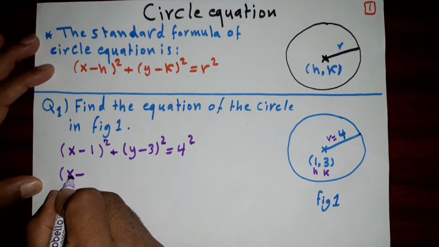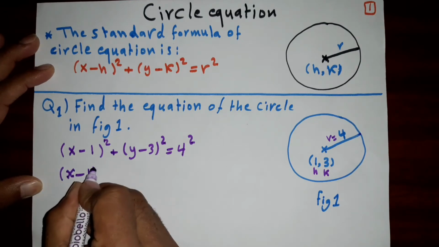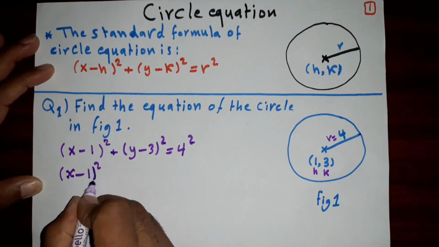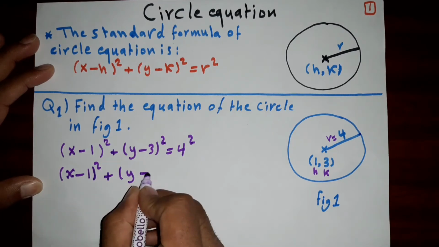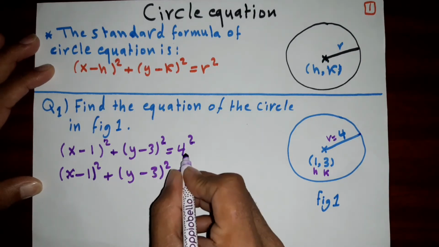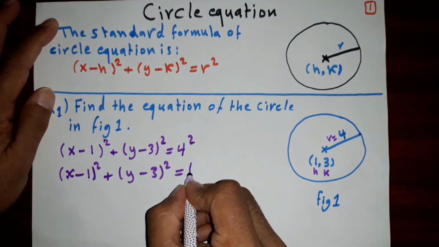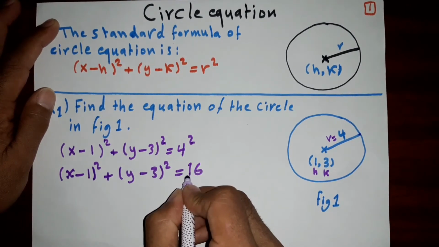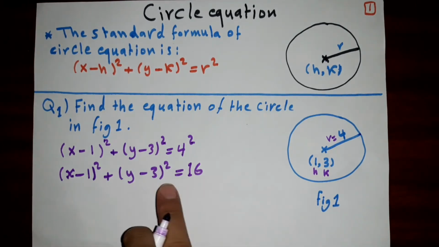X minus 1 all squared plus y minus 3 all squared equal 4 squared equal 16. 4 times 4 is 16. And this is the standard formula of the circle equation.